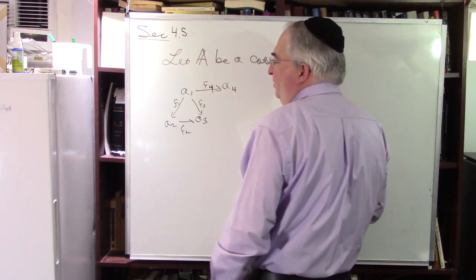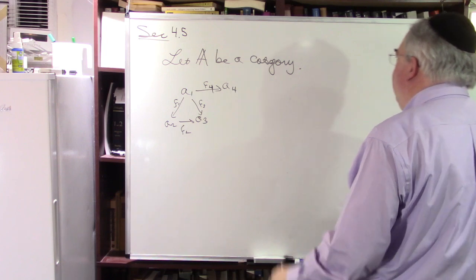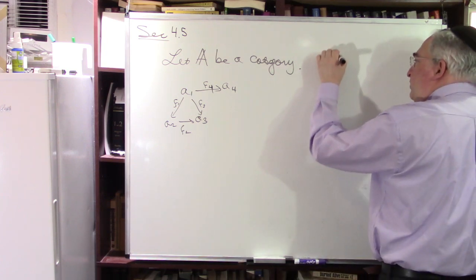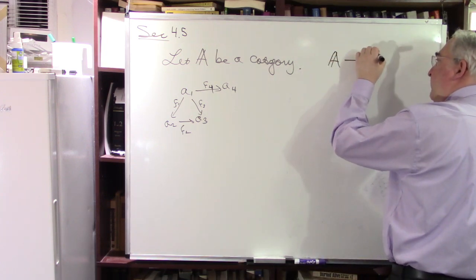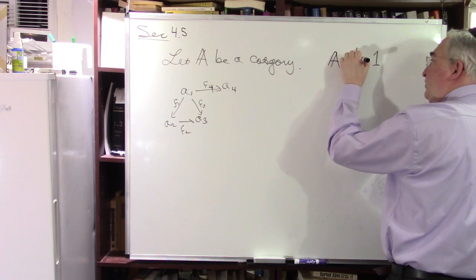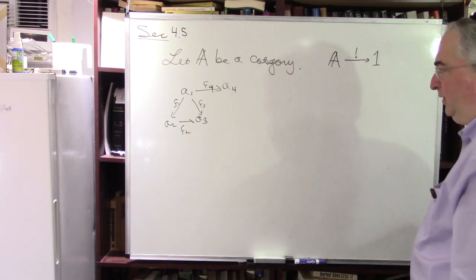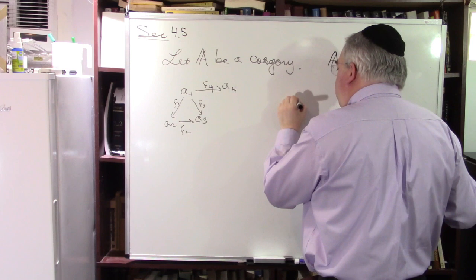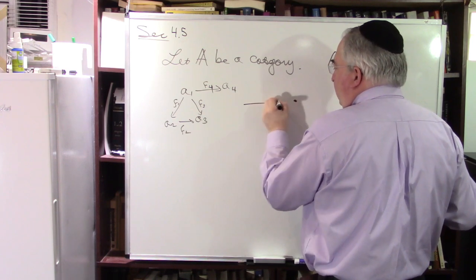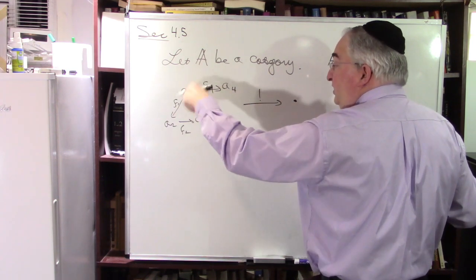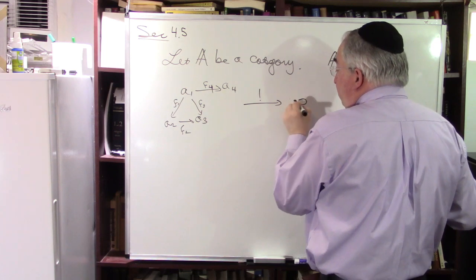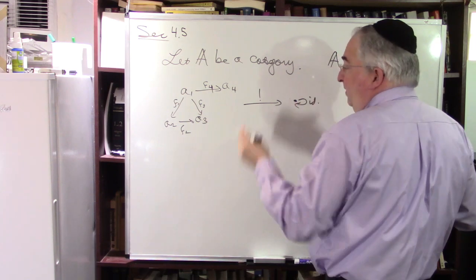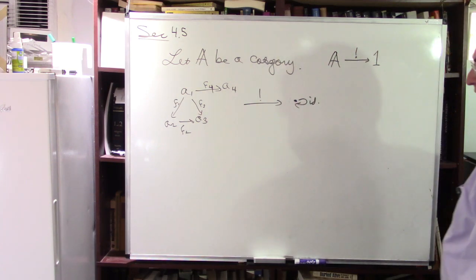These are the names of the maps. Very nice. Now, to every category A, there's a unique functor to 1. So if you want, you can think of 1 as the one object category, and there's a unique functor that basically collapses all these down to this one point and this one identity map. Can't get simpler than that.